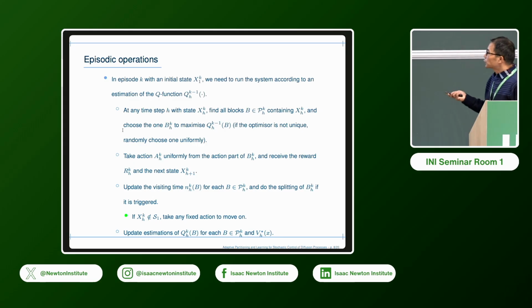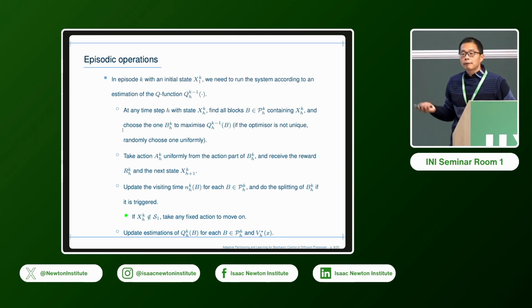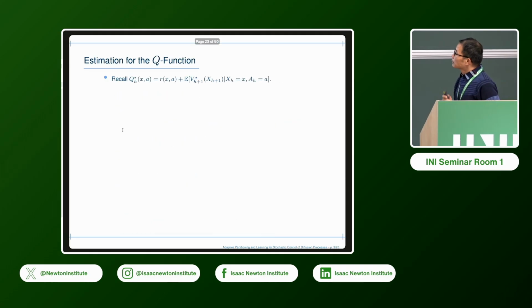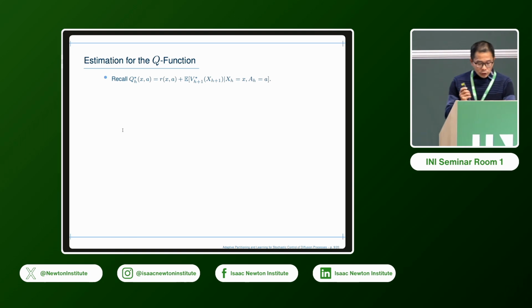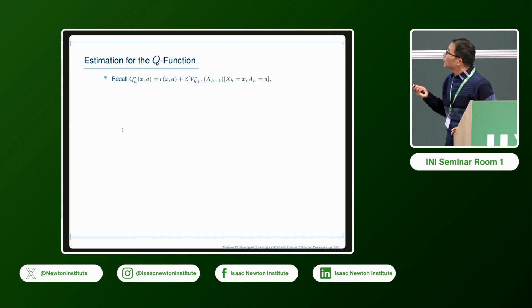Finally we need to update our estimation of the Q function and value functions. The critical thing is the estimation of the Q function. Recall that the Q function consists of two parts: one is the expected instant reward, and the other is the value function from the next step.